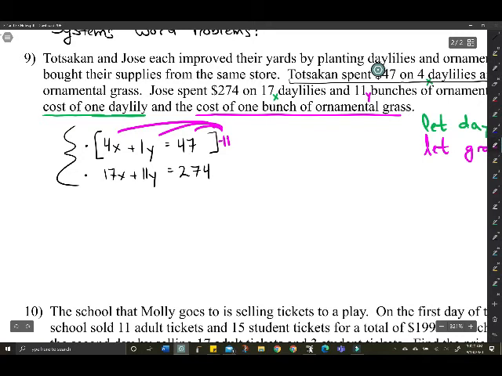in order to make it negative 44x minus 11y is equal to 47 times negative 11, negative 517.